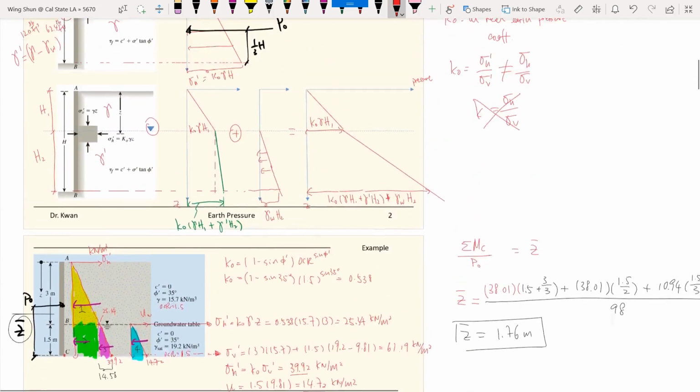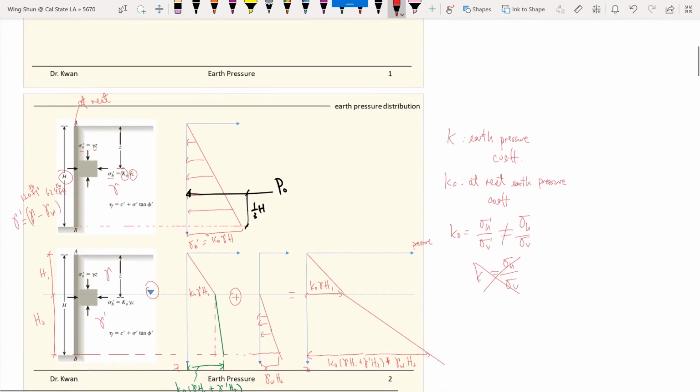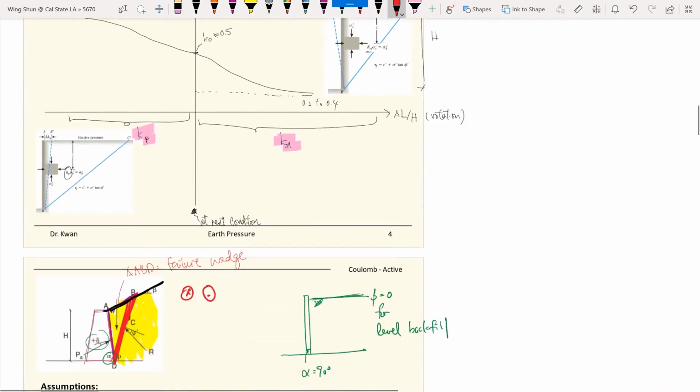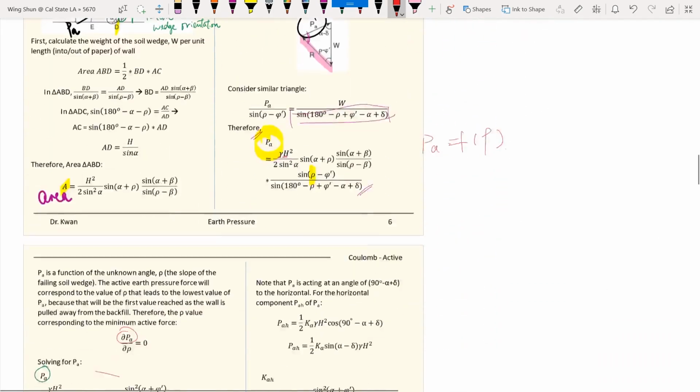So it's exactly like the very first part that we talked about, which is this stress distributed area. The force able to sustain this area, in the active condition, is the capacity of the wall we want to find out.